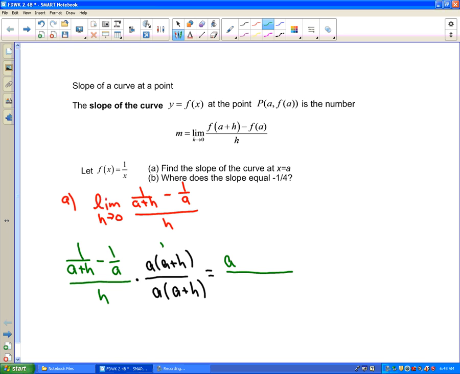When we take a times a plus h times 1 over a, the a factors are going to reduce to 1, and we're going to be left with a plus h. The key thing here is it's a subtract, so we have to make sure we subtract the a plus h. And then the denominator, our multiplication, is going to be h times a plus h.